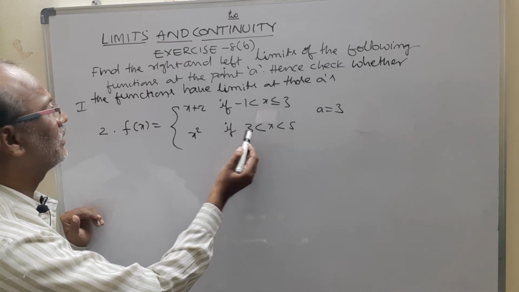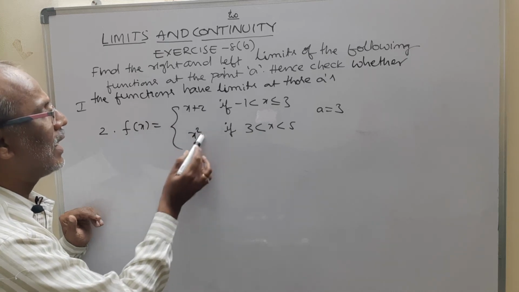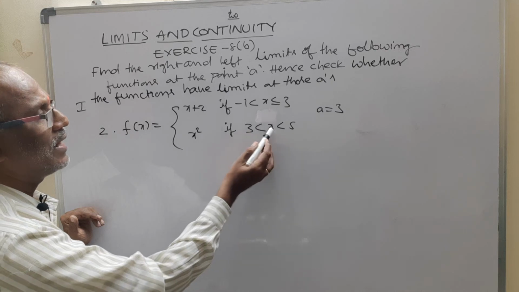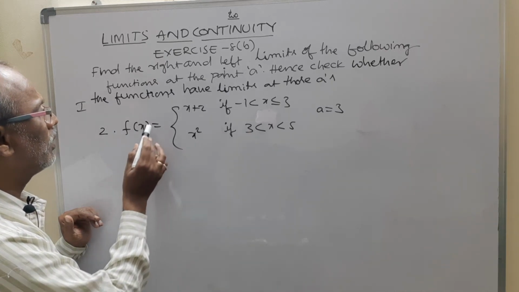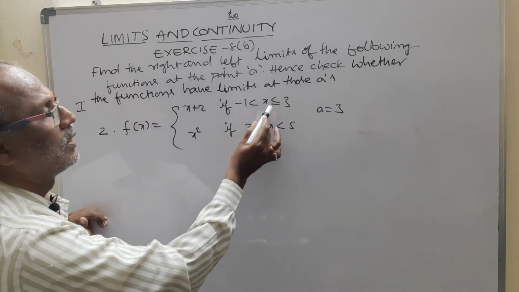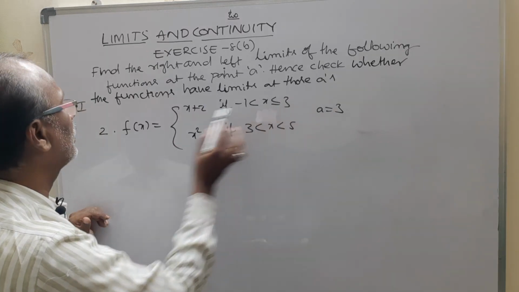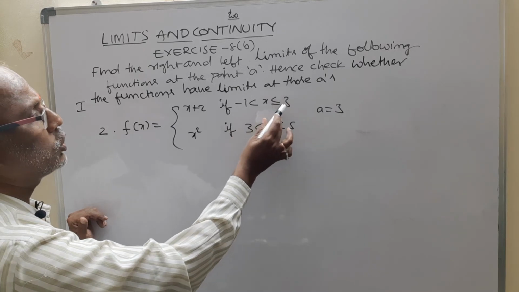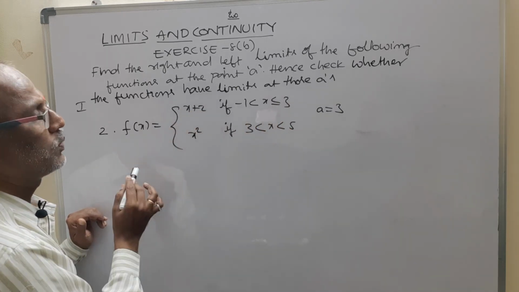For x greater than 3, the f of x is x square. This is the right hand limit function, limit x tends to 3 plus f of x. If x is less than or equal to 3, the function f of x is equal to x plus 2, so for limit x tends to 3 minus f of x, the function is x plus 2.